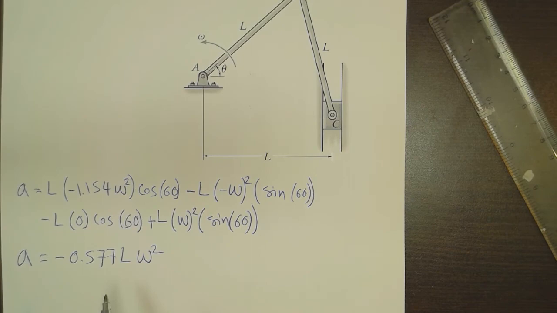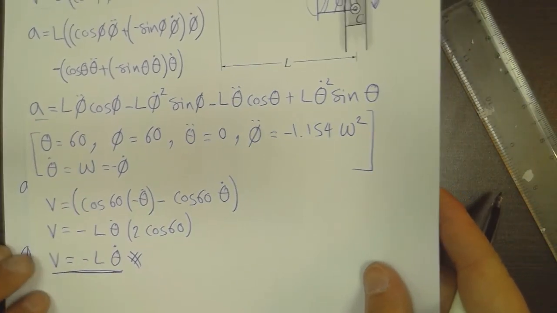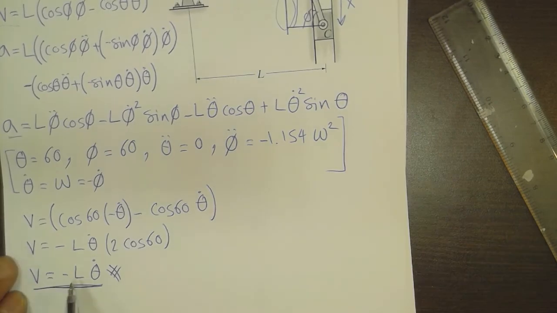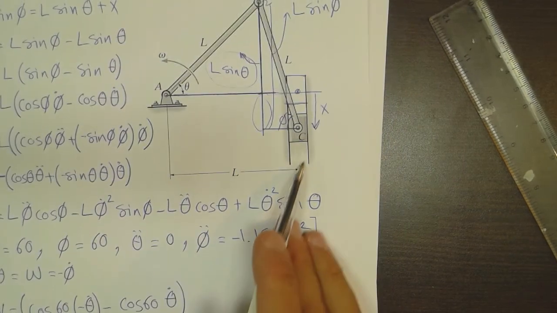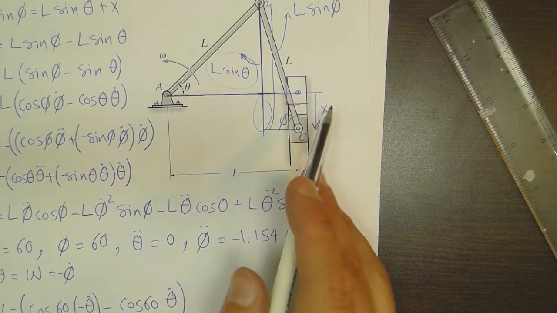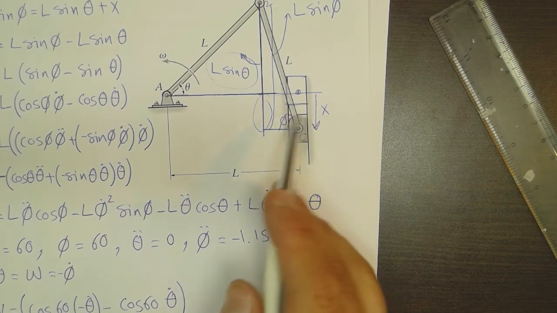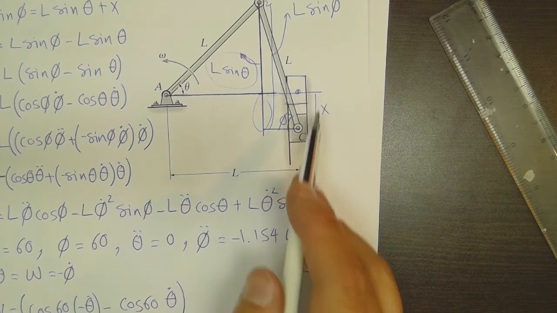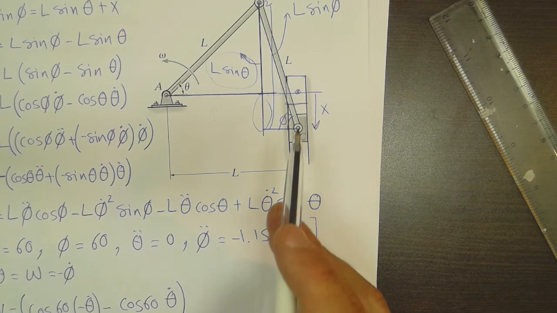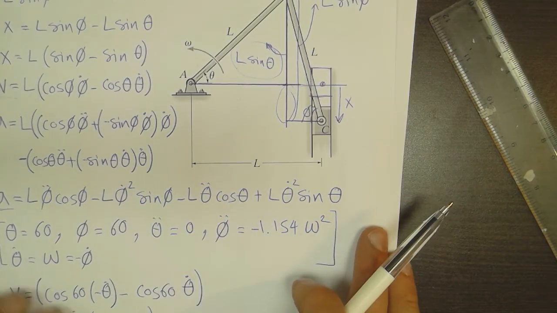If we look again at the sign of the velocity, it is also minus. So the slider is actually going up, in the opposite direction of the assumed positive direction of x, the displacement. The slider is going up and it is not decelerating.